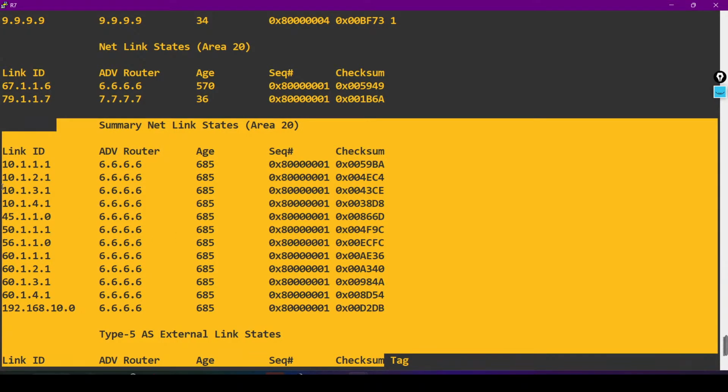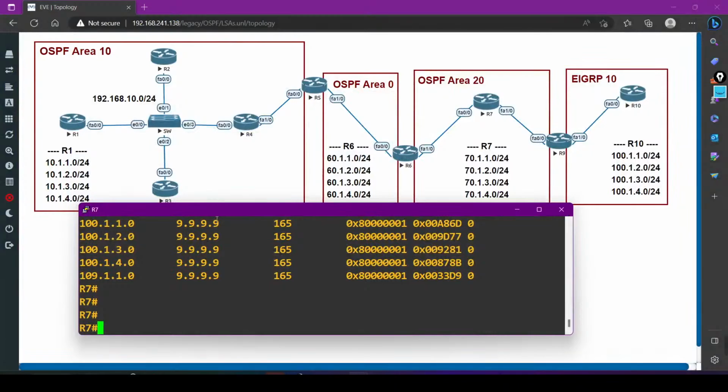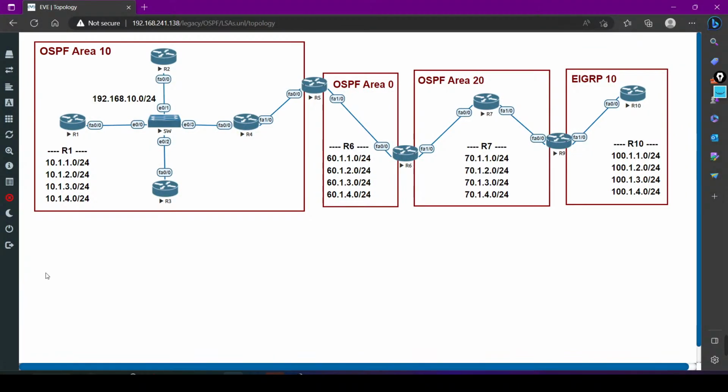R6. R6. But where is LSA 4? On which router will you see LSA 4? See, actually why are you not able to see LSA 4 over here? This router will generate its LSA 1 with E-bit on. Yes or no? So router 7 will come to know that this is my ASBR. In the same way router 6 will also come to know that 9.9.9.9 is the ASBR.